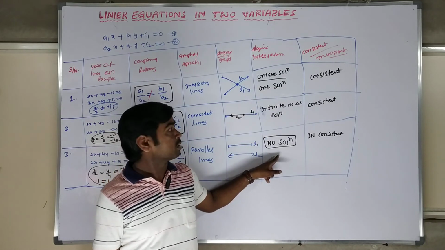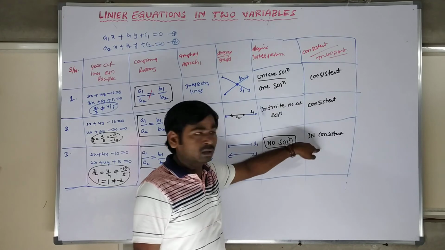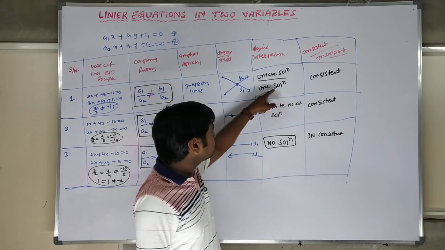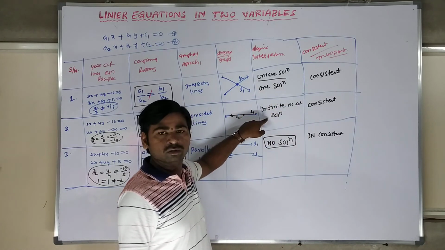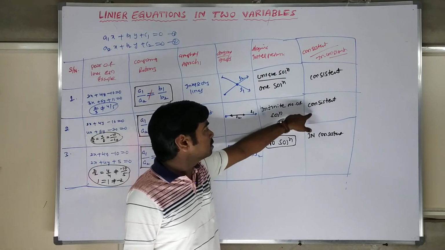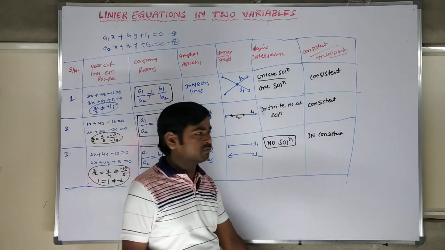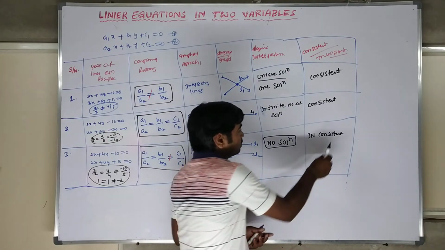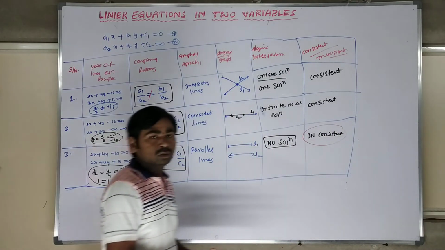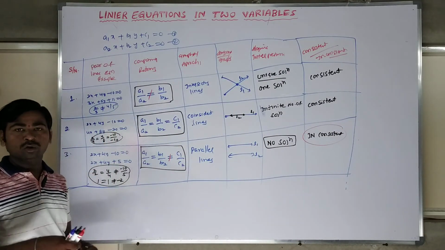The examiner will ask sometimes whether it is consistent or inconsistent. If a solution exists, unique or infinite, it is consistent. If no solution is found, we say inconsistent. This is an important case.